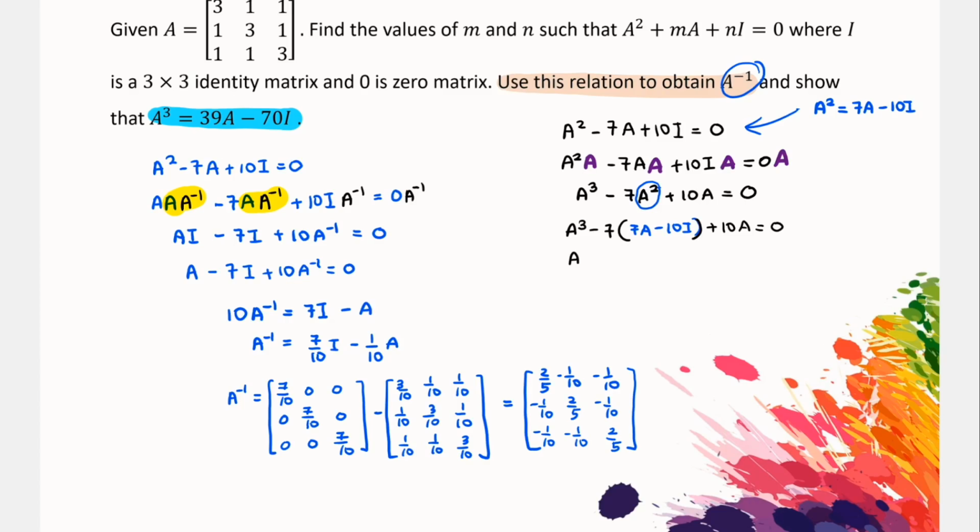And then simplify the equation: A cube minus 49A plus 70I plus 10A is equal to 0. Now it's already the same and we can say shown.